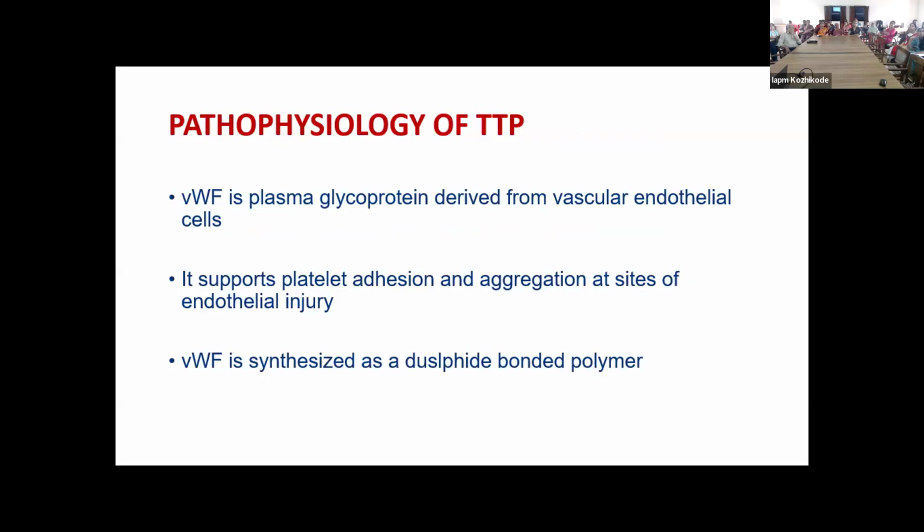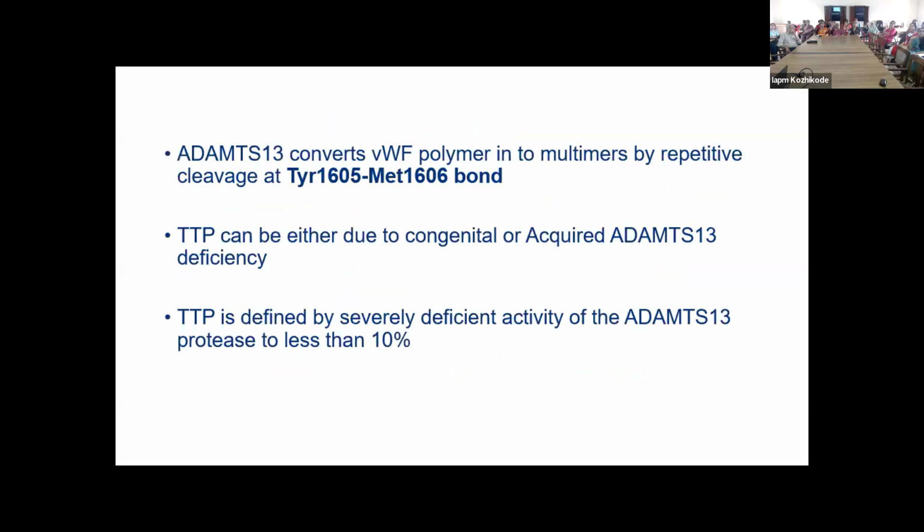It supports platelet adhesion and aggregation at the site of endothelial injury. It is synthesized as a disulfide bonded polymer, and ADAMTS13 converts the von Willebrand factor polymer into smaller multimers by repetitive cleavage at the tyrosine 1605 methionine 1606 bond.